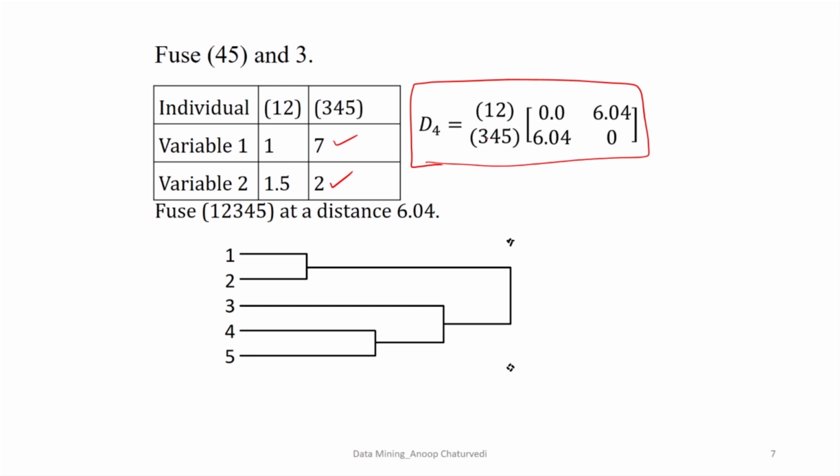So, ultimately we get a single cluster which is 1, 2, 3, 4, 5. So, all the individuals are now in a single cluster. So, ultimately we get this dendrogram.